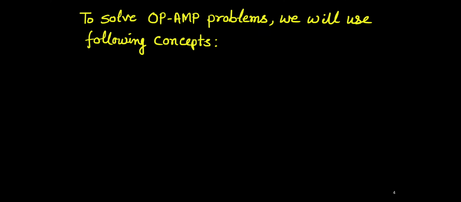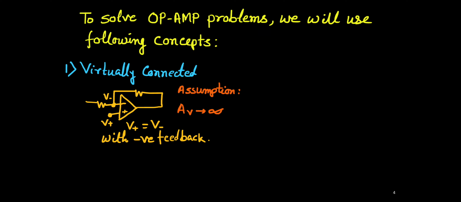Now, to solve any problem related to op-amp, we'll use the following 4 concepts. The first one is the virtually connected concept: the inverting terminal potential V minus and the non-inverting terminal potential V plus are the same if the circuit has negative feedback, and the assumption is that the op-amp has infinite voltage gain.